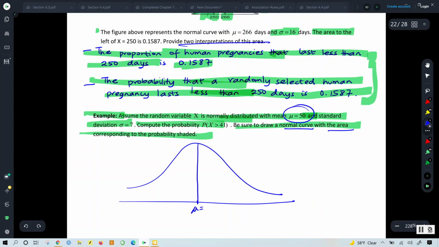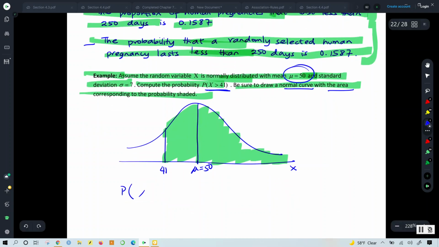The mean is 50. I will locate 41 and I want the region to the right of 41, which represents the values of x greater than 41.